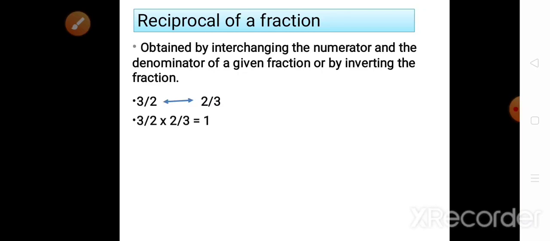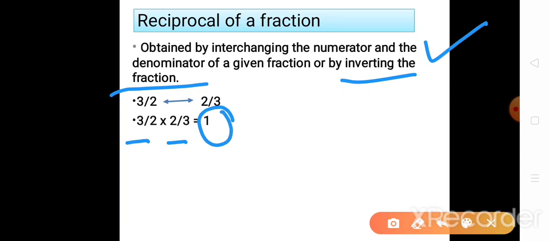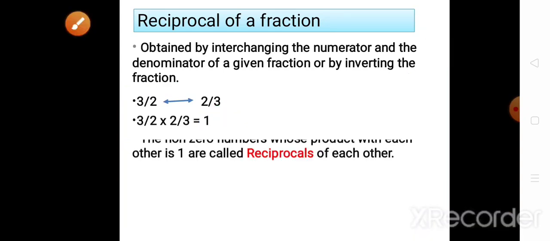So first, what we have learned here is that the reciprocal of a fraction can be obtained by inverting the fraction, and then when we multiply these fractions with each other, the product we get is 1. Therefore, the non-zero numbers, mind you, the non-zero numbers whose product with each other is 1 are called reciprocals of each other.